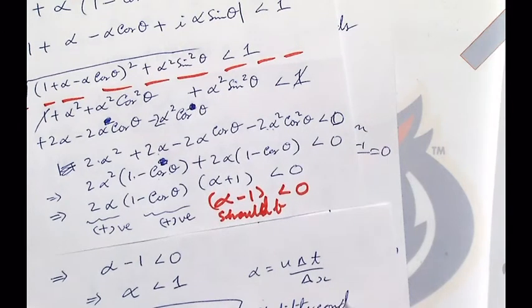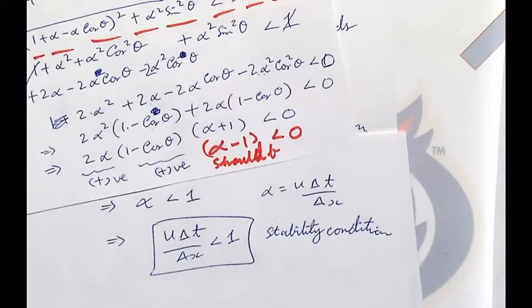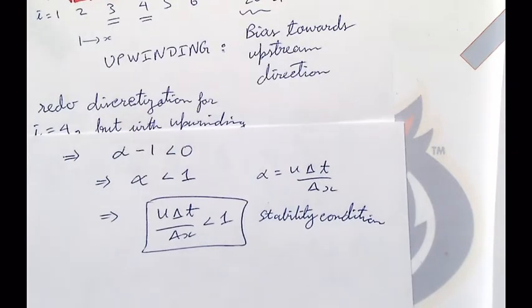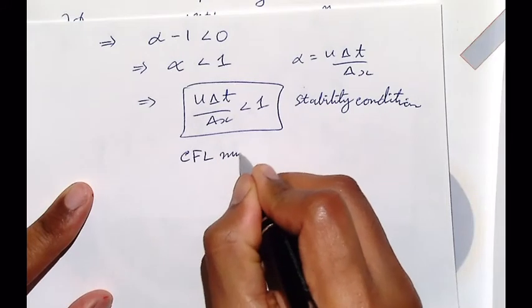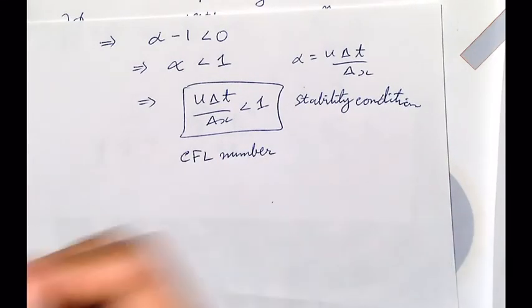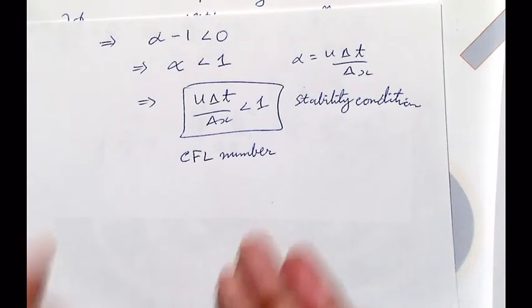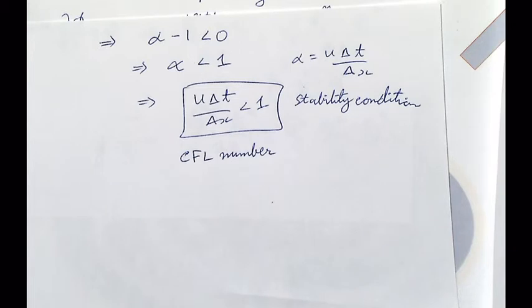Have you seen this term before? Have you heard of something called the CFL number? This is a very important number called the CFL number. And I think even if you use commercial software, there might be some sort of set CFL number.